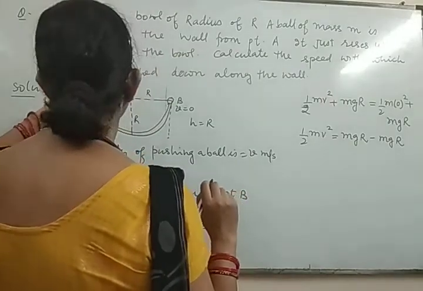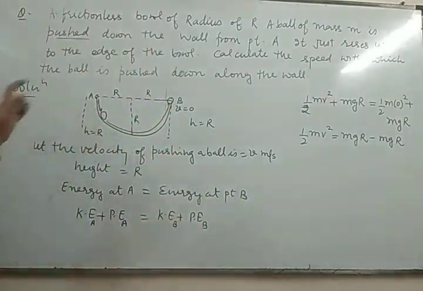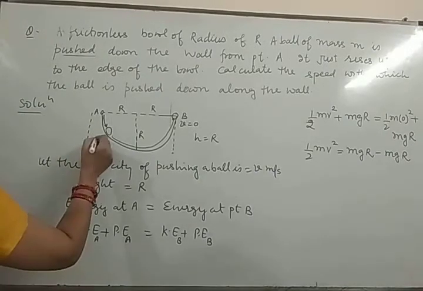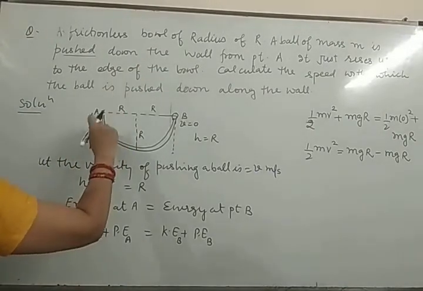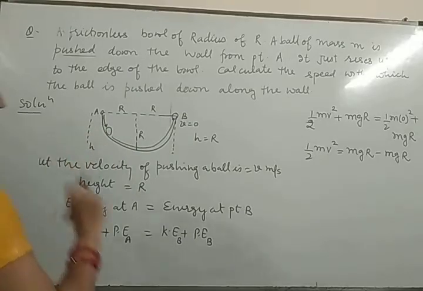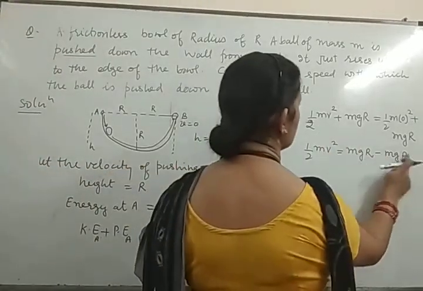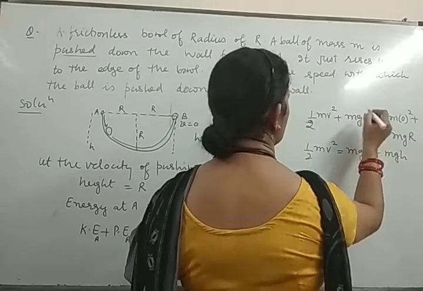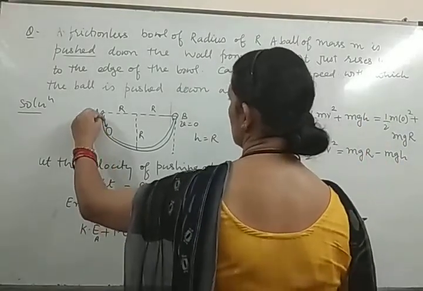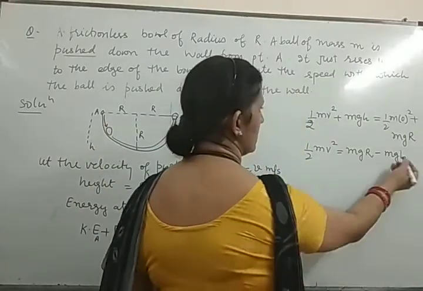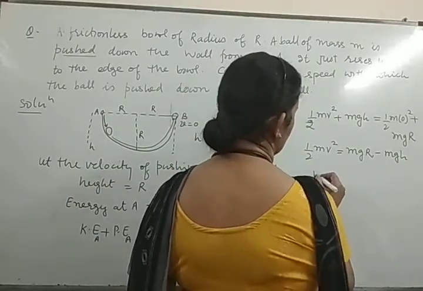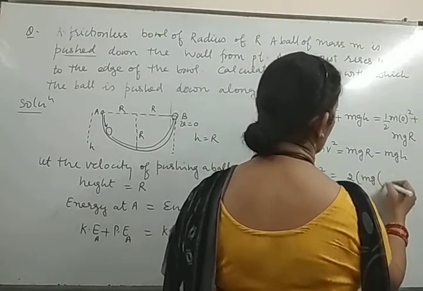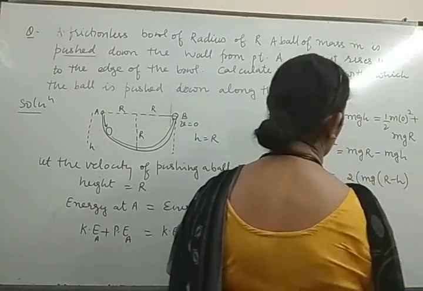Just a minute. It is given that the object is released from some height h. It is given from some height, so this height is h. You can say here the value is h. Correct it, because it is pushed from some height. So this is h. The value is v square is equal to 2 into mg, common, r minus h.